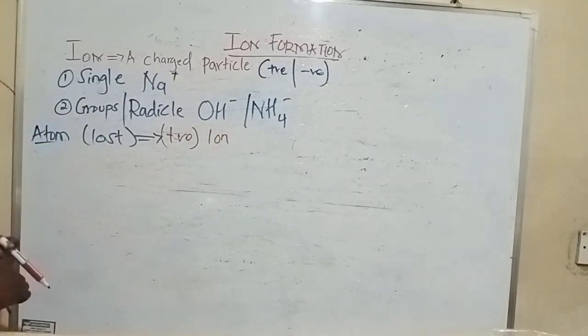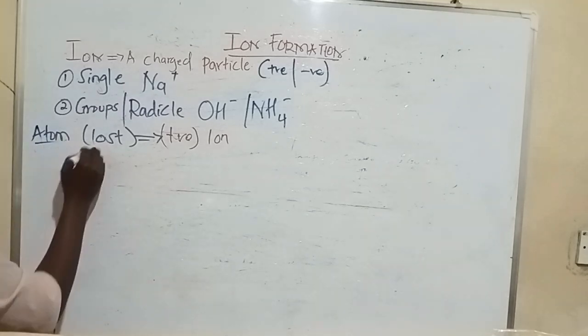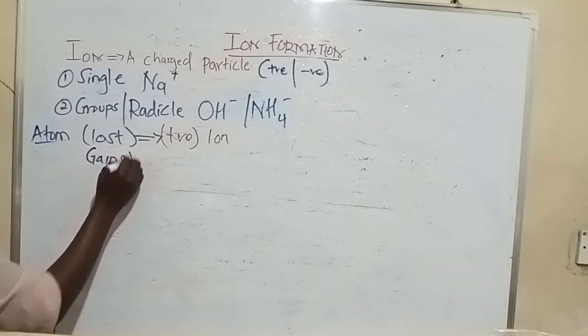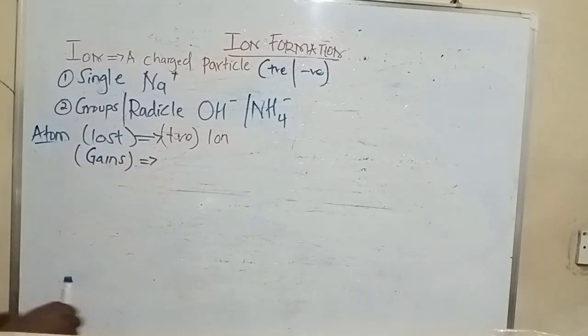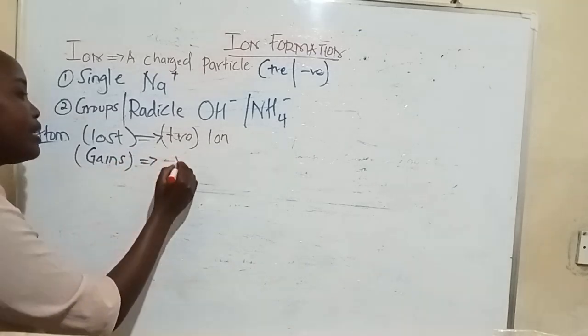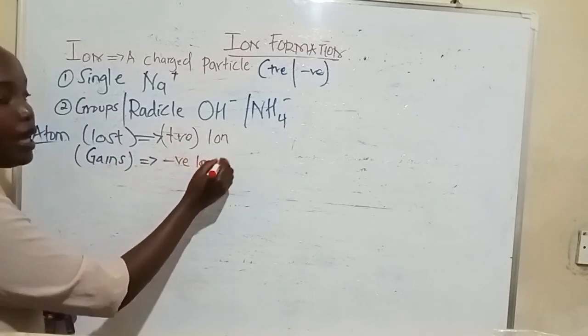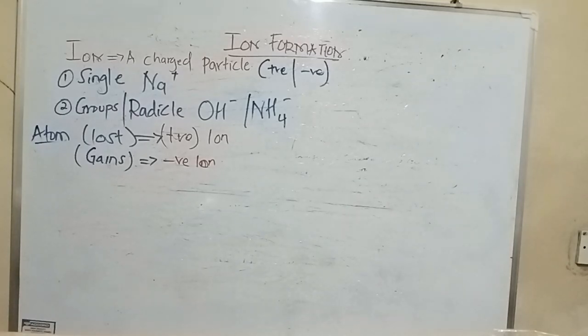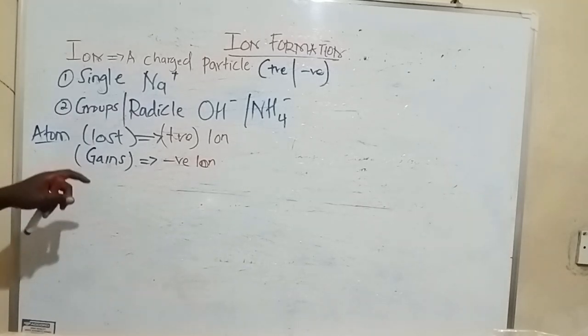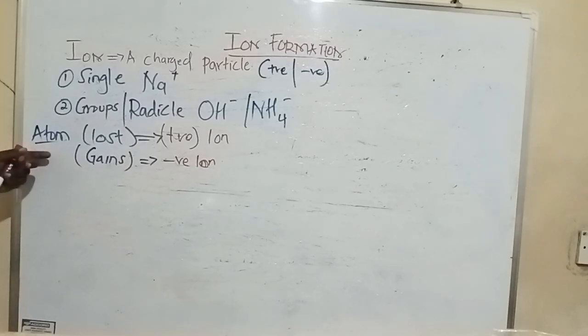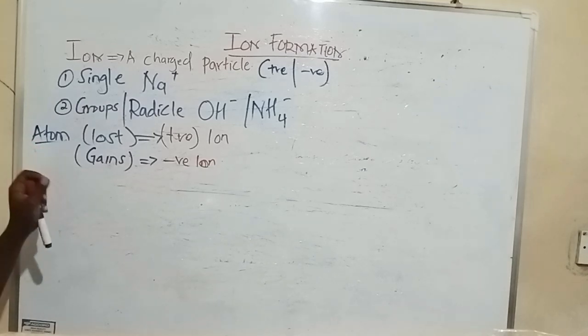If an atom, on the other hand, gains electrons, it's going to attain a negative charge, or you're going to have a negatively charged ion. So for you to identify what the charge of your ion is going to be from the atom that you have, you need to know if the atom is going to lose or gain electrons.